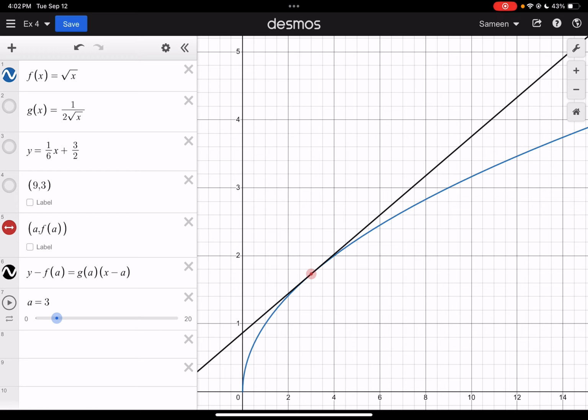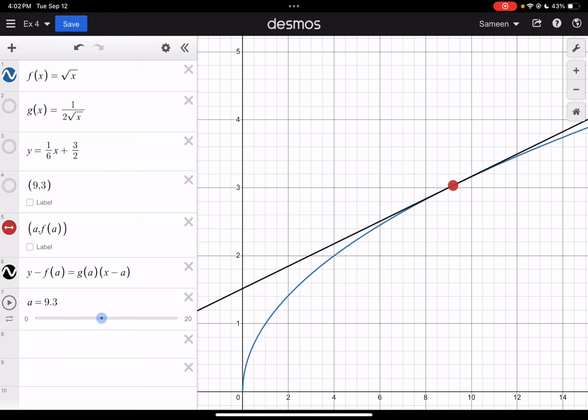If you take a look over on the left-hand side, you can see that at the very top of the screen, there's my f of x equals the square root of x. g of x represents the derivative, 1 over 2 root x. And then if you look 1, 2, 3, 4, 5 lines down, you can see that a, f of a.